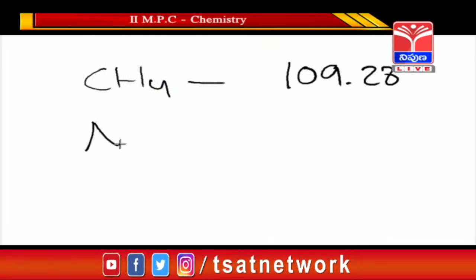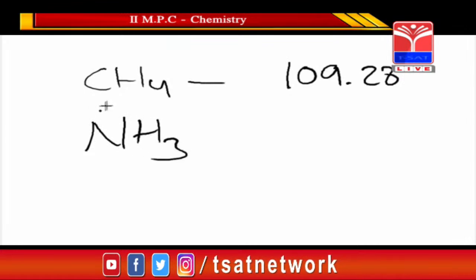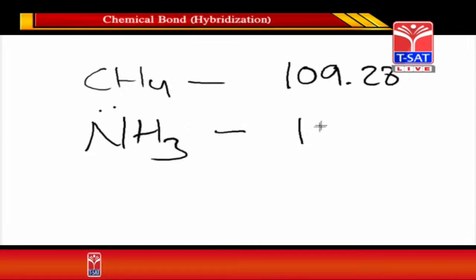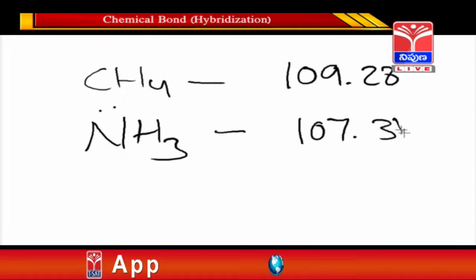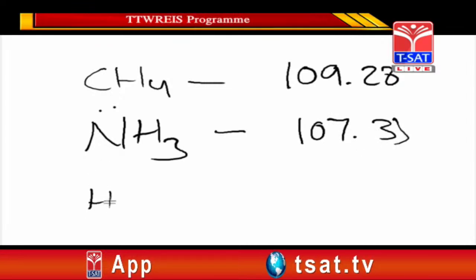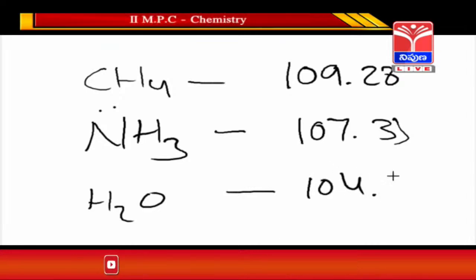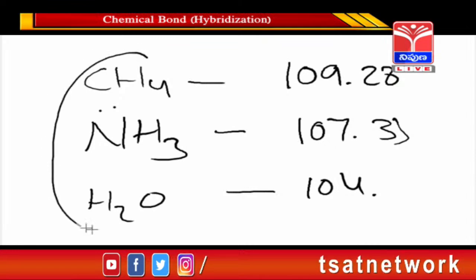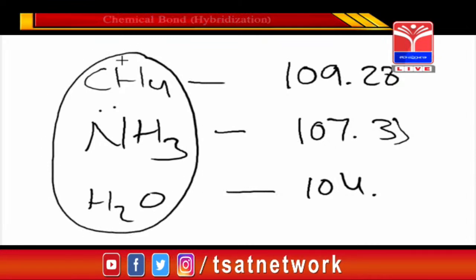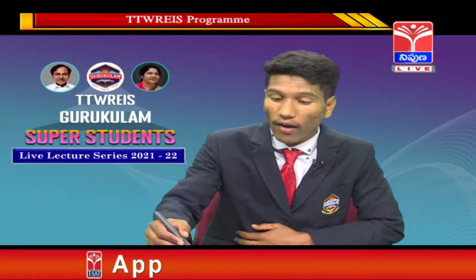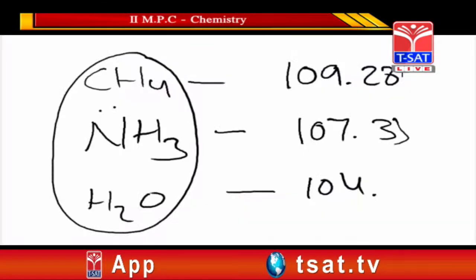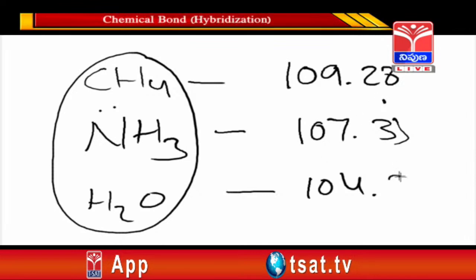In NH3 it has a bond angle of 107 degrees 0.33, and in the H2O water molecule it has 104 degrees. So why do these three compounds, which are related to sp3 hybridization, have different bond angles and different shapes: 109 degrees, 107 degrees and 104 degrees?